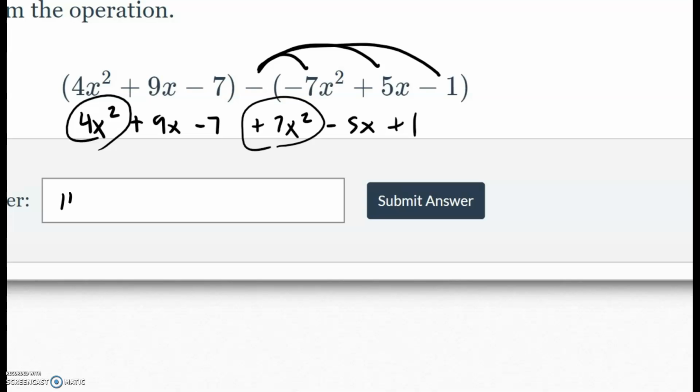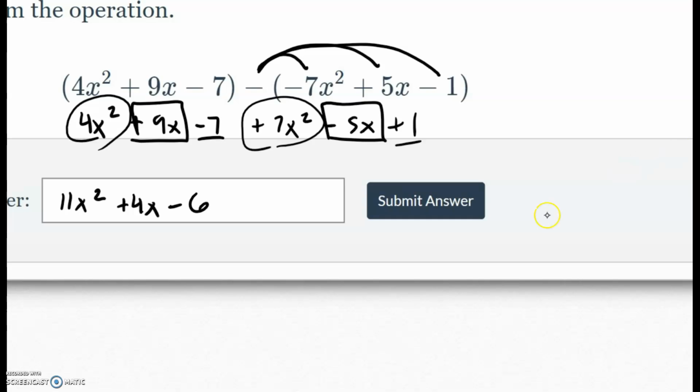That makes 11x squared. Then I have the 9x and the negative 5x. That'll make 4x. And then my constant terms are negative 7 and 1, and that's going to make negative 6. Okay, so let me type that in. 11x squared plus 4x minus 6.